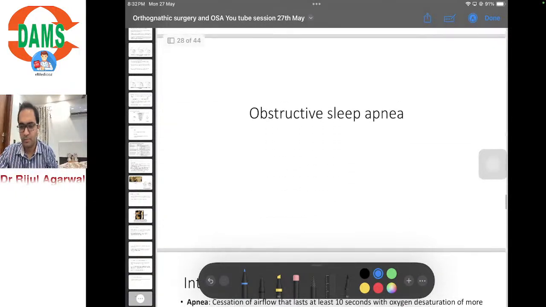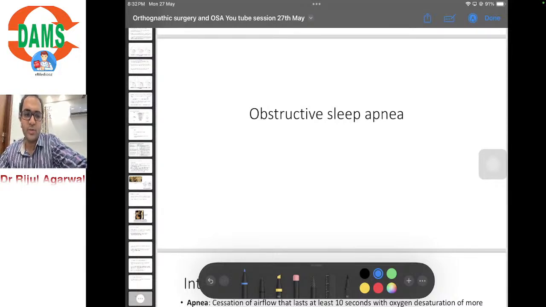If anyone has any doubt from orthognathic, this was a short revision, or we can say important points from the orthognathic surgery point which we have taken up. Okay, so we'll proceed. If anyone has any doubt, you can write in the comment section.